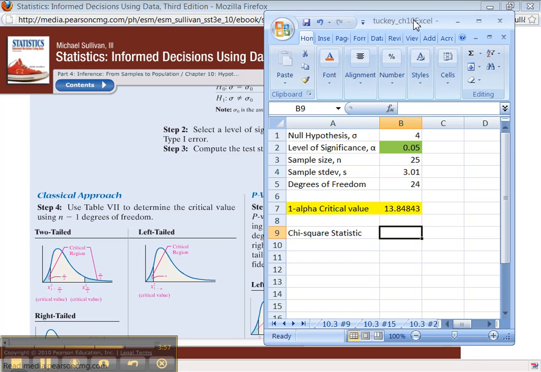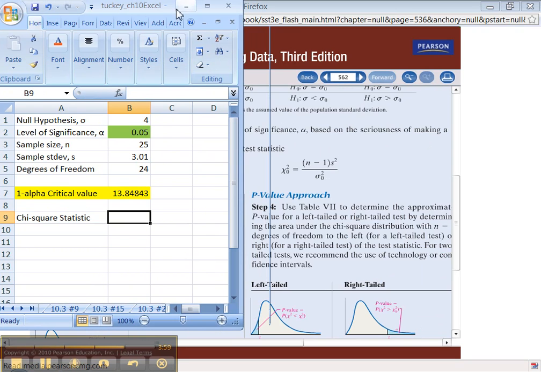So it's equal to, let me move that, equal to n minus 1, but we already figured that, that's the degrees of freedom, cell B5, times s squared, you got to do the caret 2, close your parentheses, divided by parentheses, sigma naught, so that's the 4, caret 2 again, because you got to square it, enter. Alright, there's your test statistic, right there.